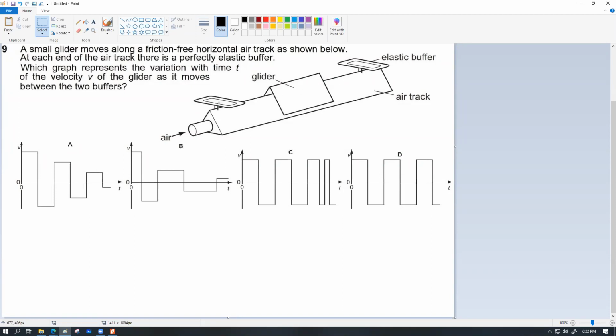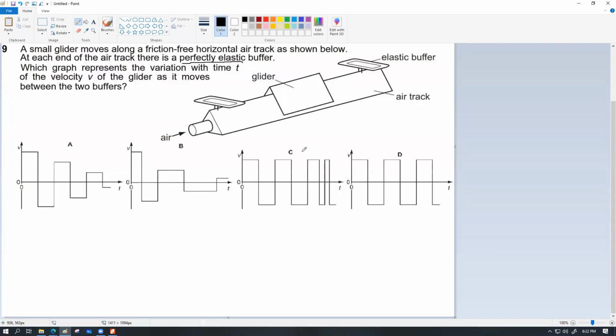After colliding with the buffer, there should be a direction change. Also, it says both of these buffers are what? Perfectly elastic buffers, which means after the collision, they will not undergo any reduction of velocity.